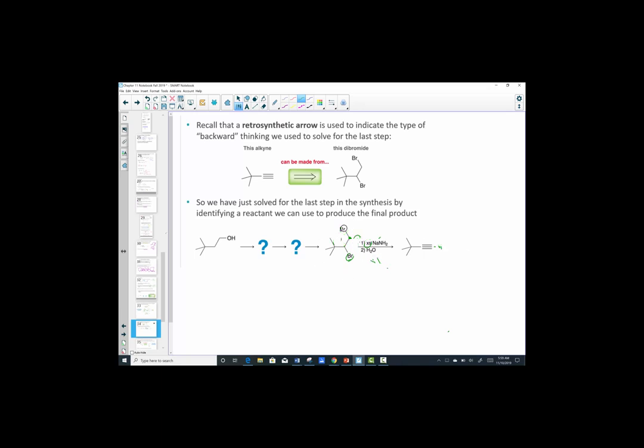That's what we said. How do I accomplish going from an alkyne, to the vicinal dihalide? And remember this little arrow here, it says can be made from.